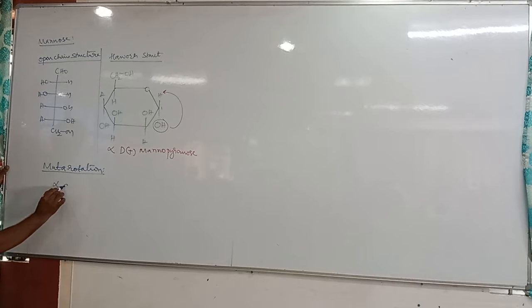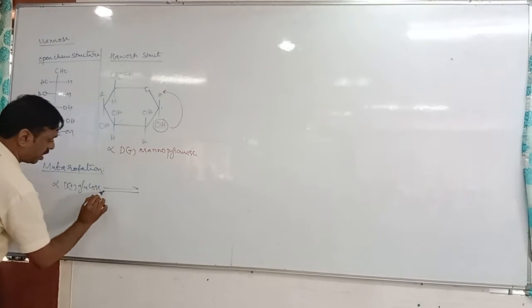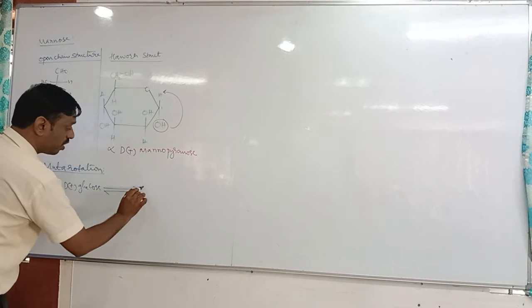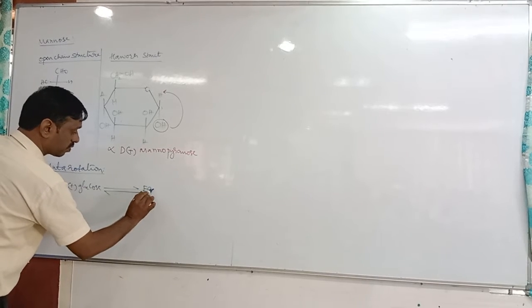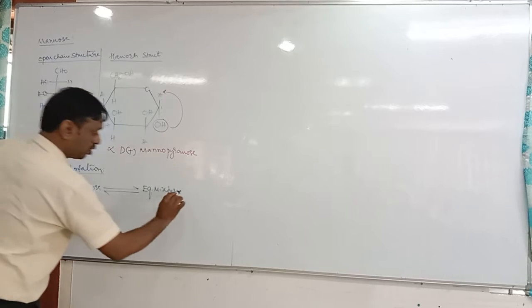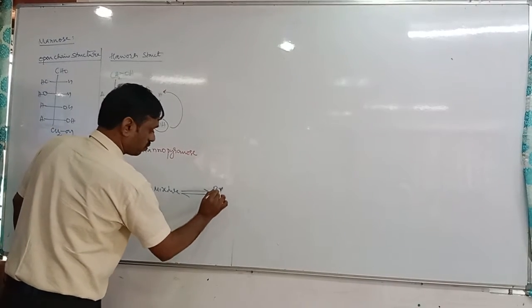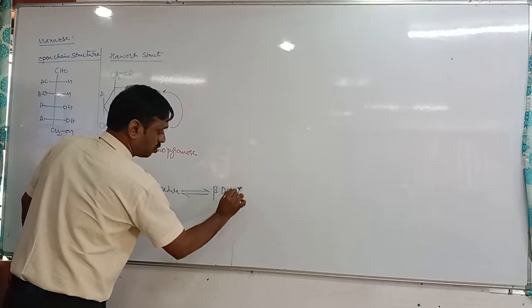Let us take alpha D plus glucopyranose, or glucose, which converts into beta, but in the middle you will get an equilibrium mixture. This equilibrium mixture then converts into beta D plus glucose.